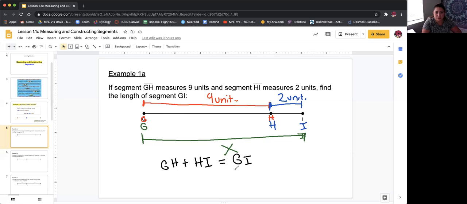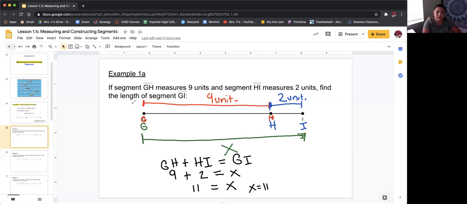So what is GH? GH is 9 units. HI is 2 units. And GI, we don't know. So that's our unknown, right? Let's simplify now. 9 plus 2 gives me 11. 11 is then equal to X. However, we're not done yet. We need to figure out what the question is.